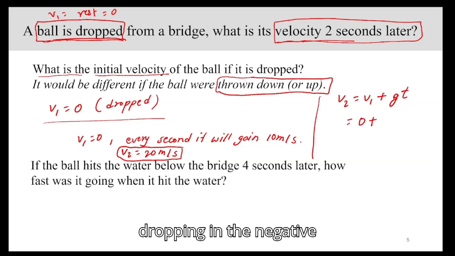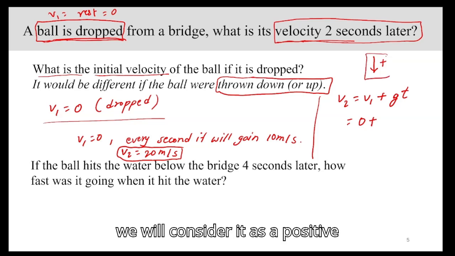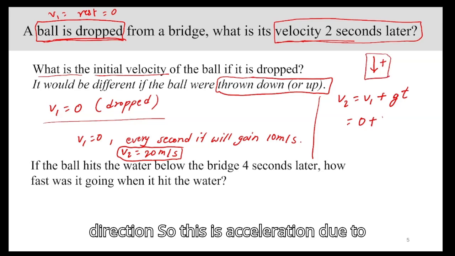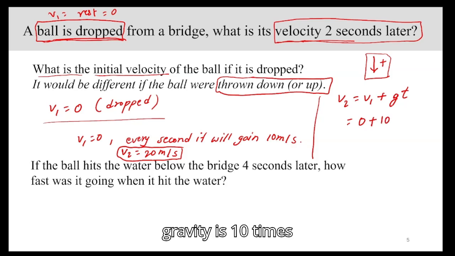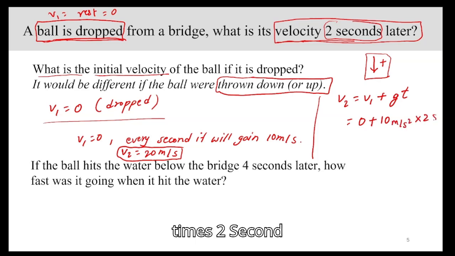Since it's dropping in the downward direction, which we said we will consider as the positive direction, the acceleration due to gravity is 10 meters per second squared times 2 seconds.